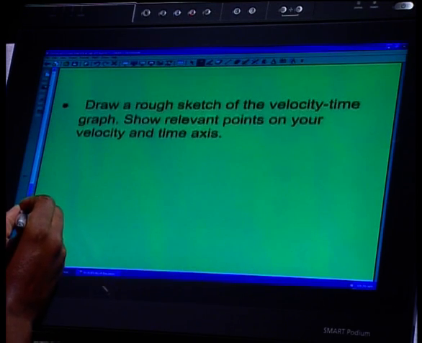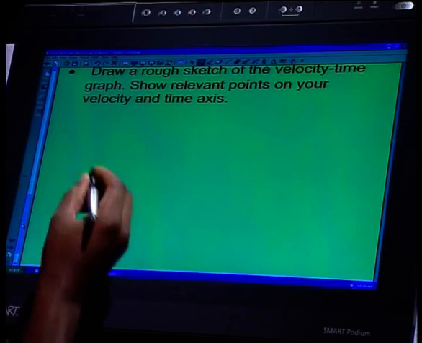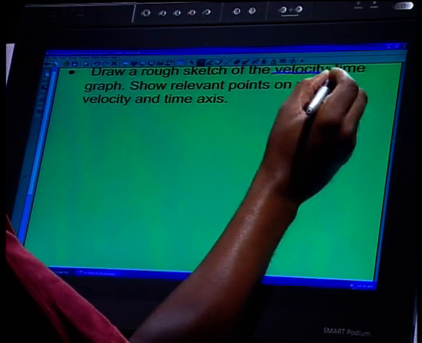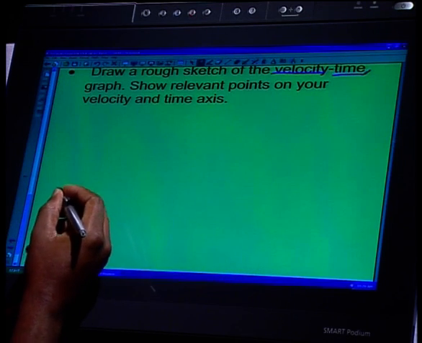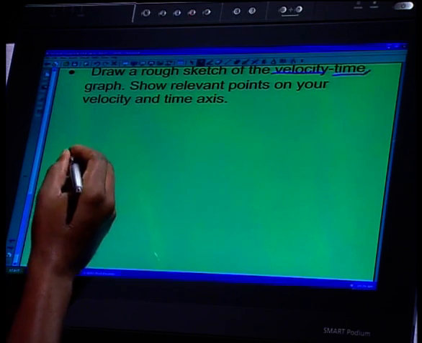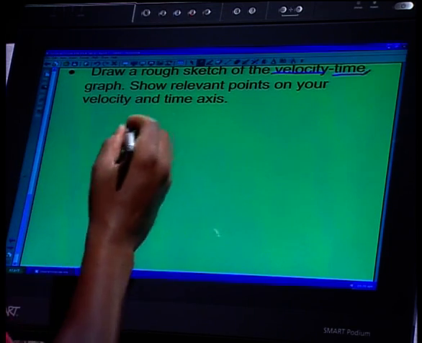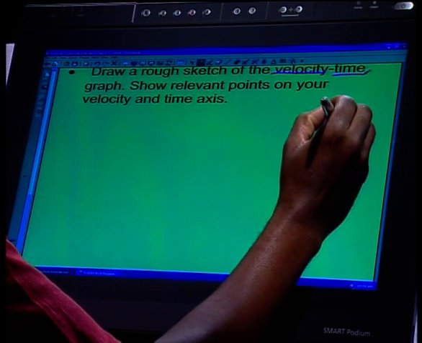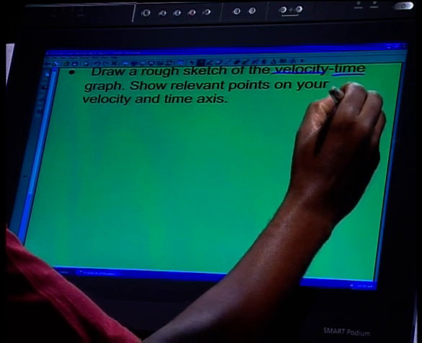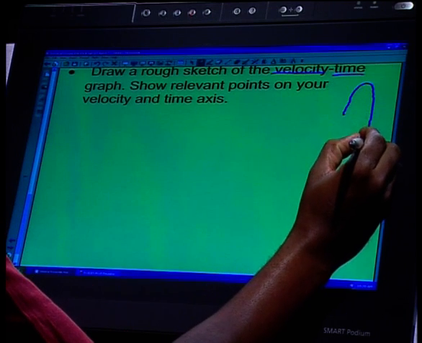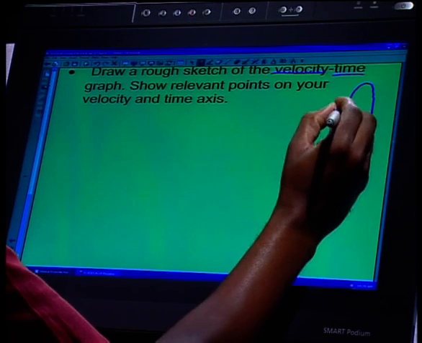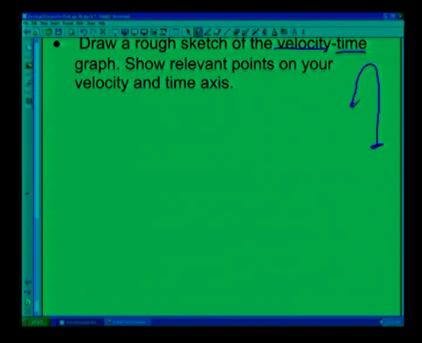Okay, so I have enough space now. It's a velocity time graph. I do have some negative velocity, remember, because now we are looking at the whole journey. We're looking at the ball going up and coming down and hitting the ground there. So there's the ball, it goes up, comes down, hits the ground there.